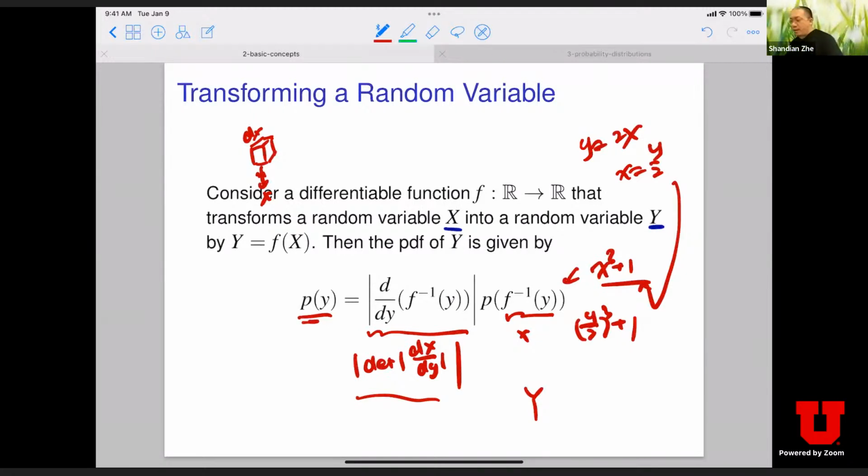The basic principle is that my density for x, multiplied by this cube determined by dx, the infinitesimal change of x, should be the same as my density for y, multiplied by the volume determined by the infinitesimal change of y.